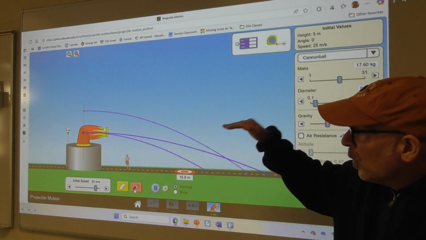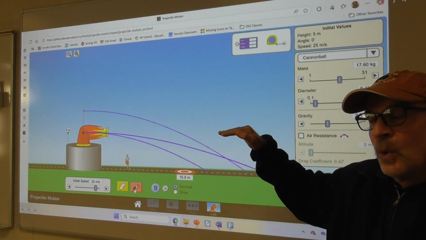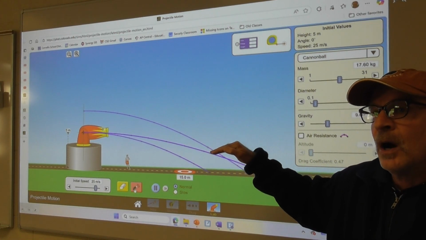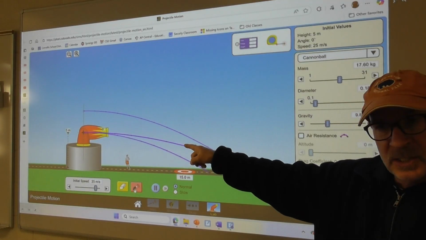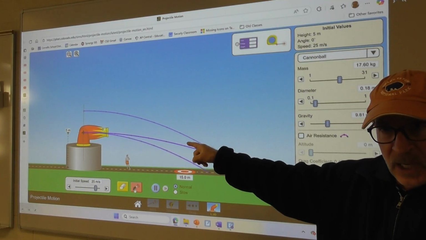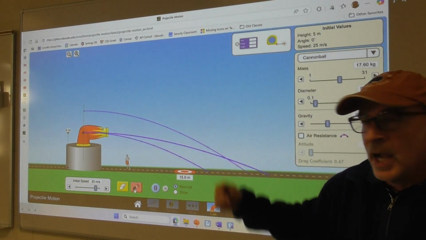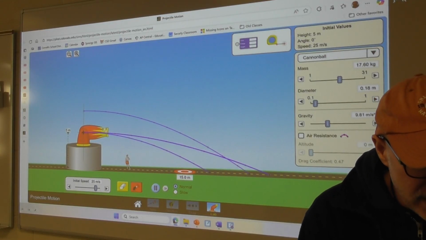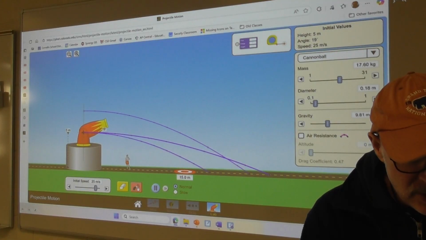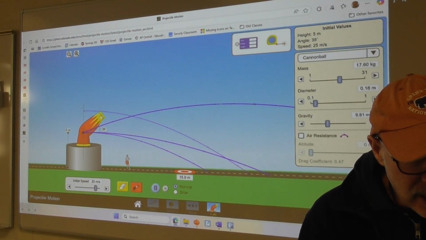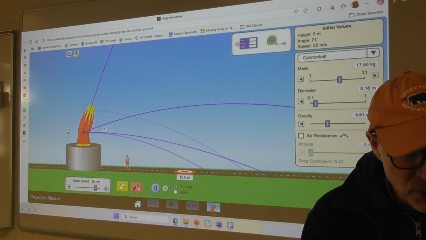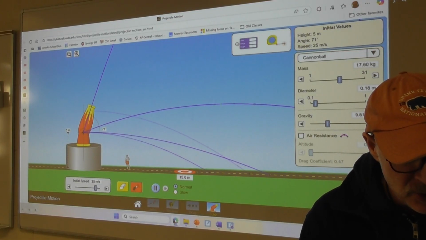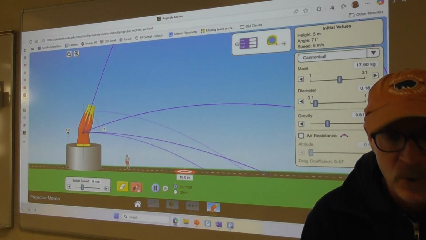So for a horizontal launch, the only things we need to know are how fast it's coming out of the projectile launcher and how high up above the ground it is. That won't cut it when we start looking at angles, because now we can change the object's launch angle, and that will change the position or the horizontal displacement.